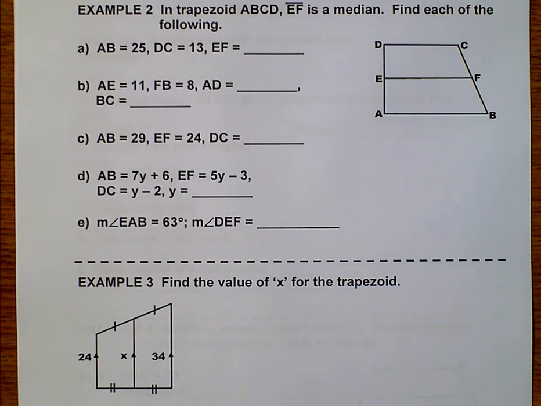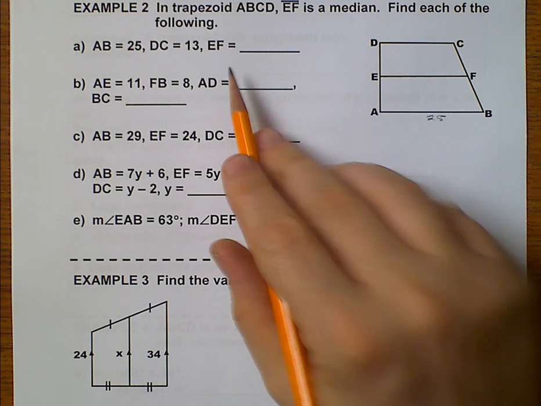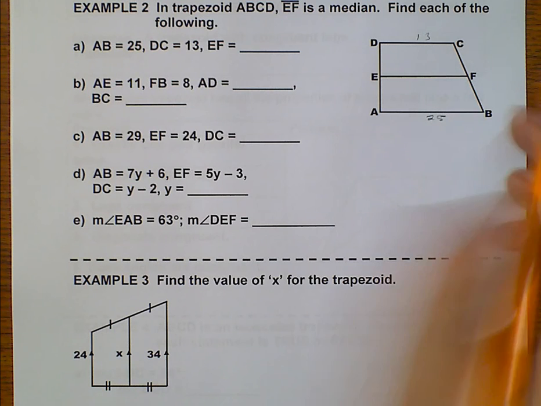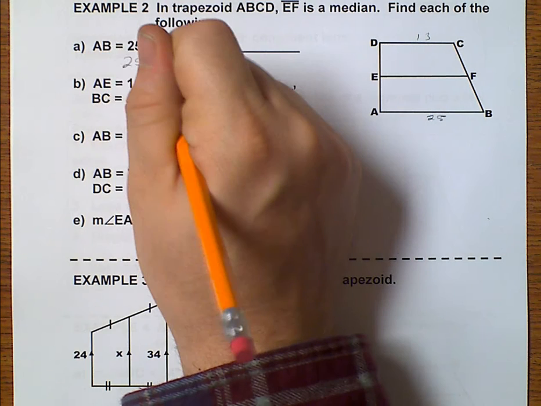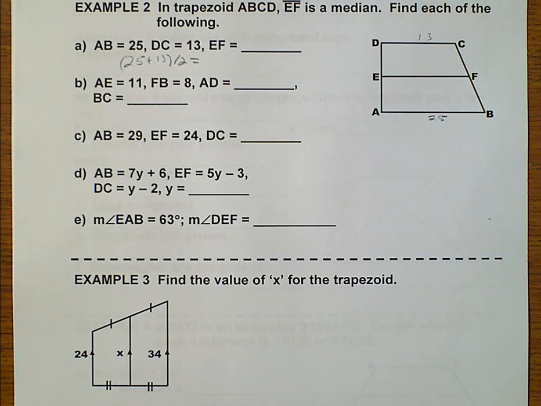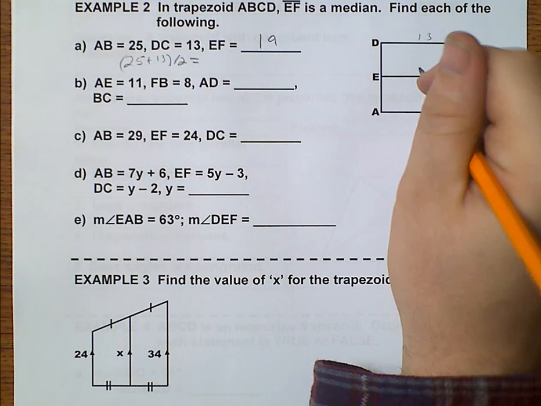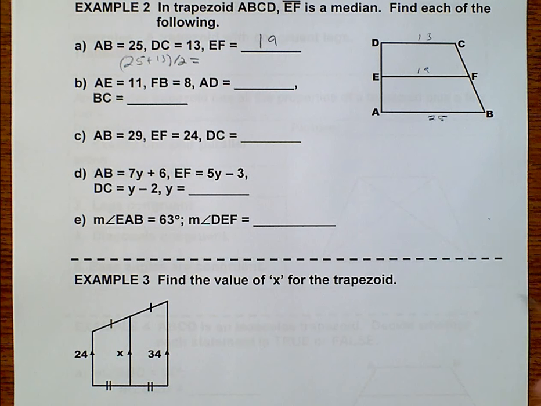So if AB were 25 and DC were 13, I would do 25 plus 13 divided by 2, which would get me 19. I am halfway between the 13 and the 25.